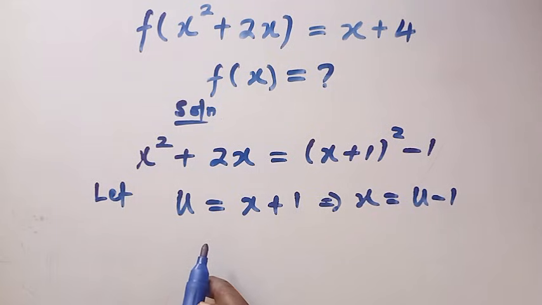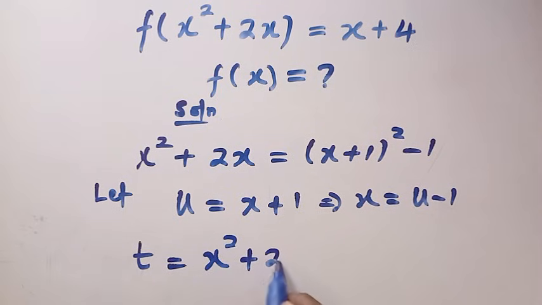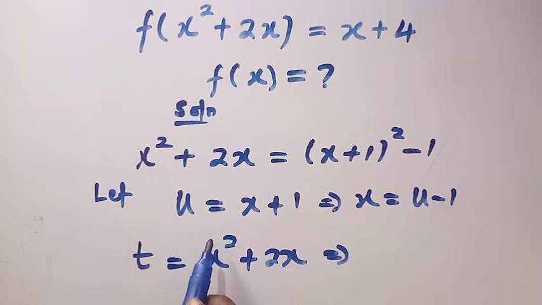Since what we have here is f of x squared plus 2x, if I replace x squared plus 2x with another letter, let's say t, by letting t equal x squared plus 2x, this also implies that since we have made x squared plus 2x to be x plus 1 squared minus 1, the whole expression is still the same thing as u squared minus 1.